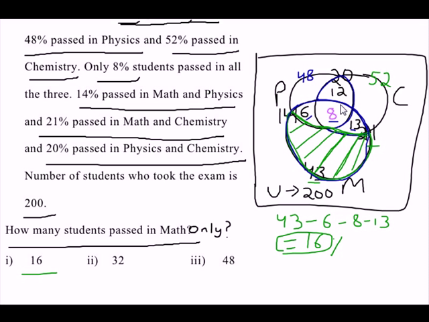So this answer 16 is essentially 16%. If the number of students who took the exam was 100, the answer would be 16, because 16% of 100 is 16, but 16% of 200 is 32. So 32 is the correct answer.